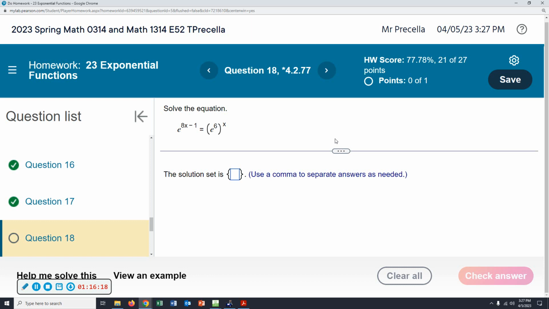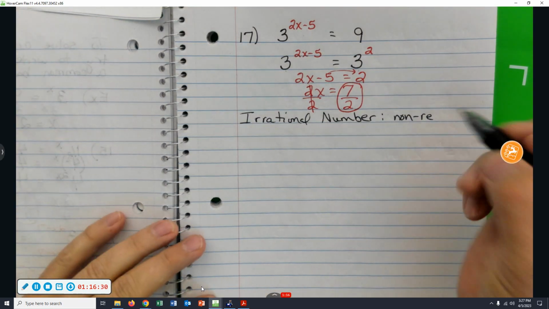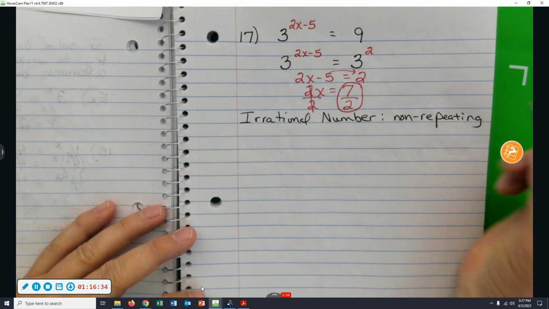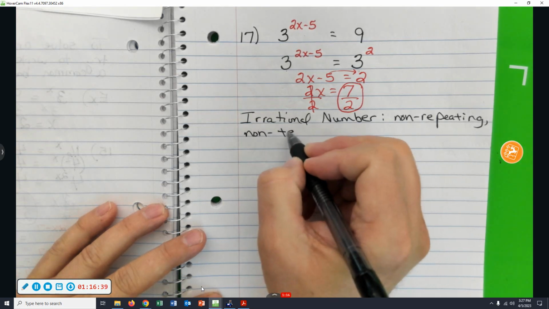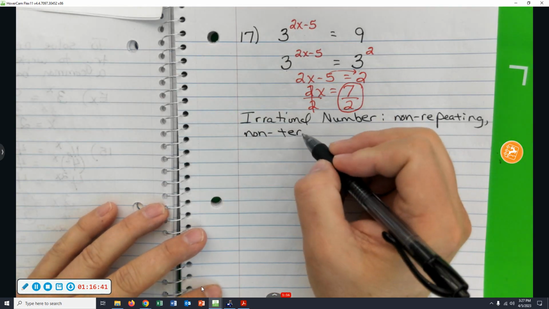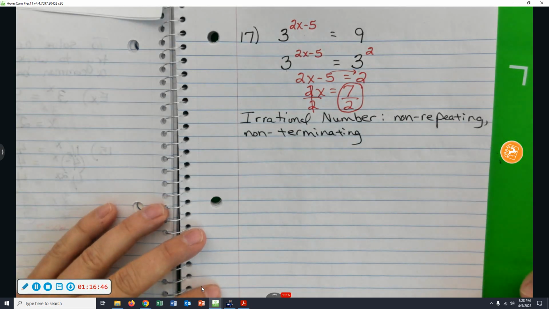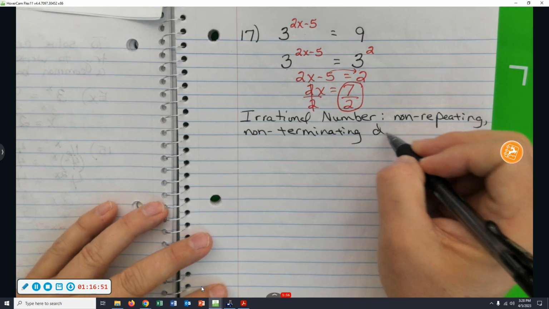An irrational number is a non-repeating, non-terminating decimal number. So it never repeats the same block of digits. The digits just keep appearing randomly, basically. And it never ends. A non-repeating, non-terminating decimal.